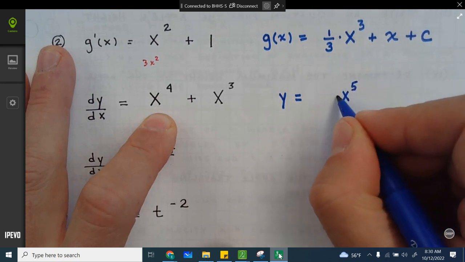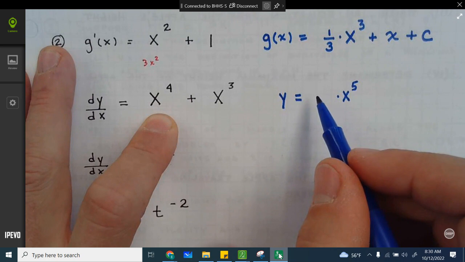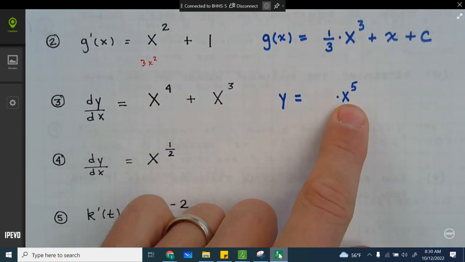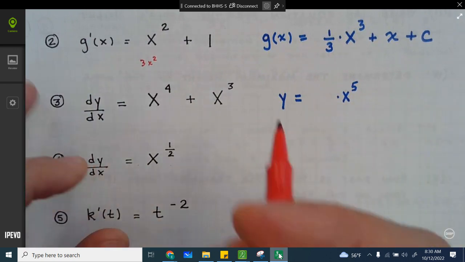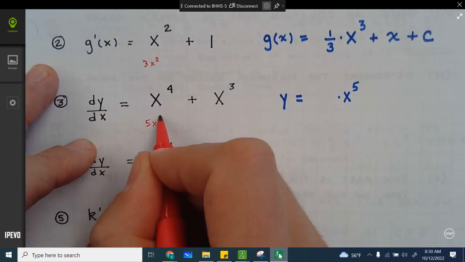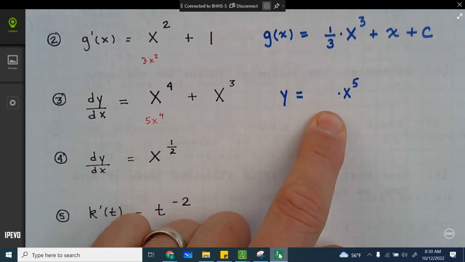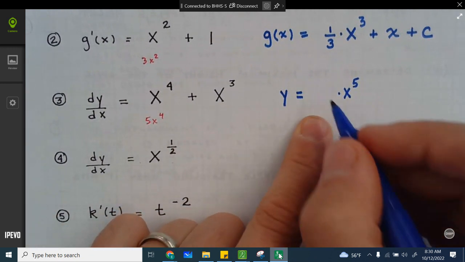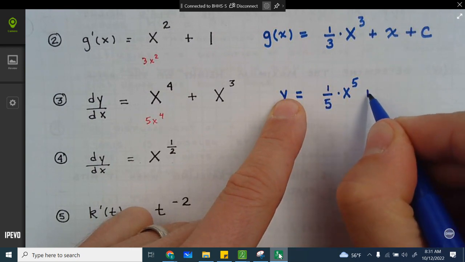And then we're going to need a coefficient on this one. So right now, if you took the derivative of x to the 5th, what would that give you? Okay. So since this would be 5x to the 4th, what are we going to need to put right here? Yeah. Okay, cool. So we got that.